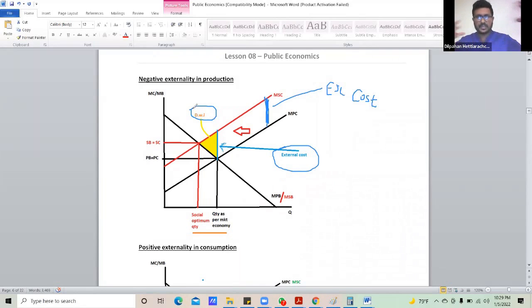When they think about the cost and the benefit privately, they go with an equilibrium somewhere around here, which is inefficient, which is bad for the society. So the government realizes the situation and they come and change the supply curve by charging a tax or doing something. And because of that, the price should go up, the quantity should go down.